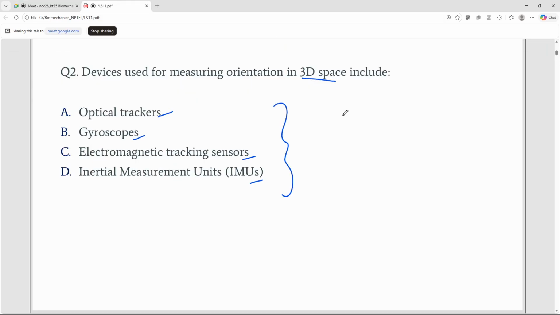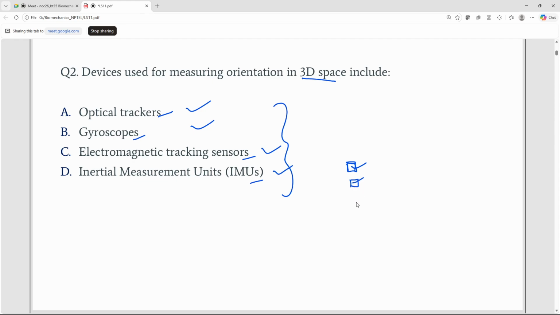The correct answer is all of them. All of these can be used for measuring orientation in 3D space. In such questions in the exam, you have to try clicking multiple choices to check whether it is accepting multiple answers or not. In NPTEL, most of the time if the question is accepting multiple answers, there will be squares for you to choose from.